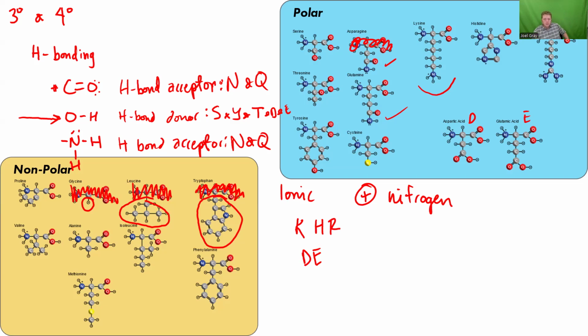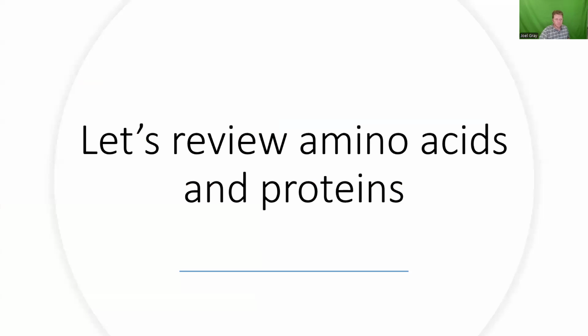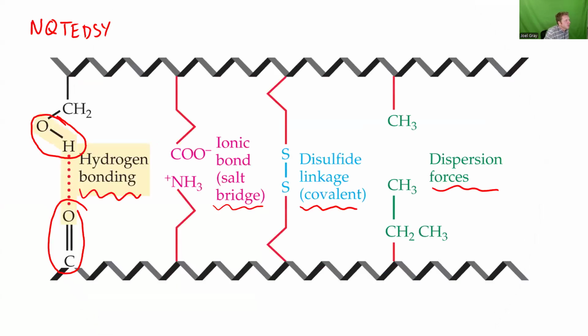D and E. So, to continue populating this, we've got K, H, R, D, E. Okay, so those are amino acids that are most likely to participate in ionic bonding.